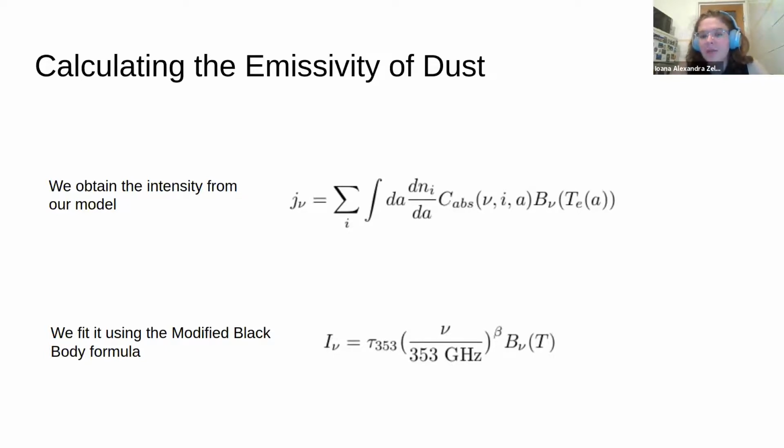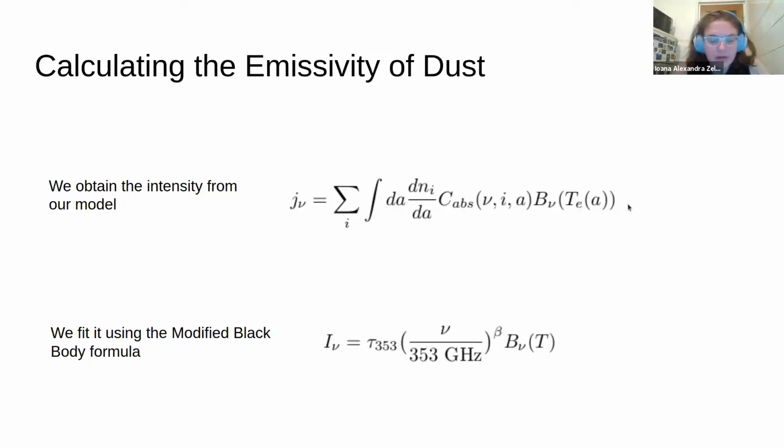So I obtained this intensity by summing over all of the dust of each size and composition, and assume the dust itself radiates as a black body, and also multiply it with an absorption and emission cross section.